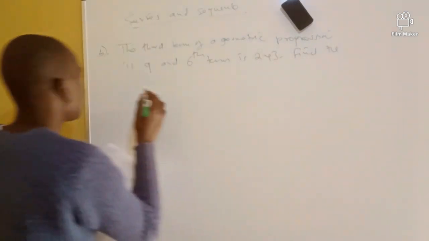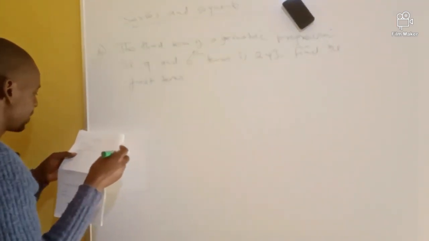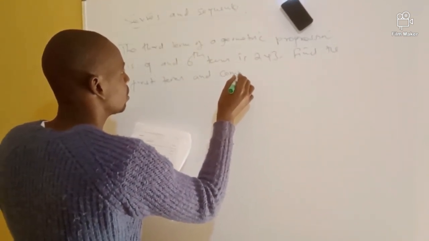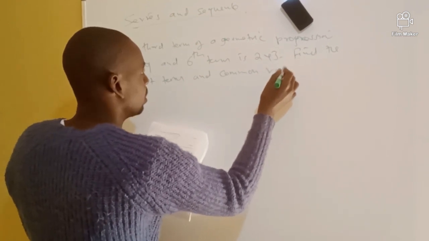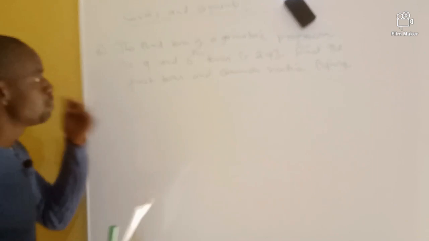Find the first term and common ratio. 4 marks. Now, so this is a GP.